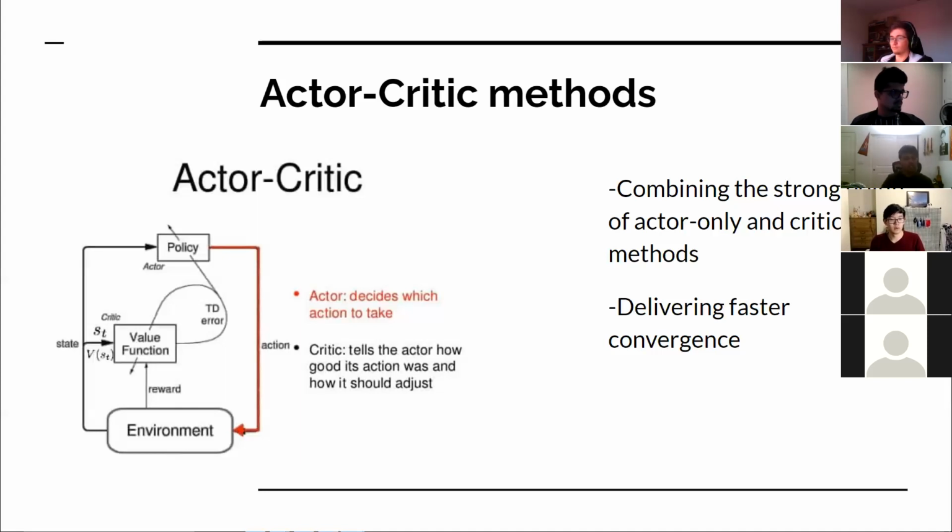Overall, the critic is just an approximation architecture that learns a value function, and then updates the policy. Actor-only methods are more sparse, so the merge of these two methods overall does have better convergence compared to actor-only ones. All right, next slide, please.